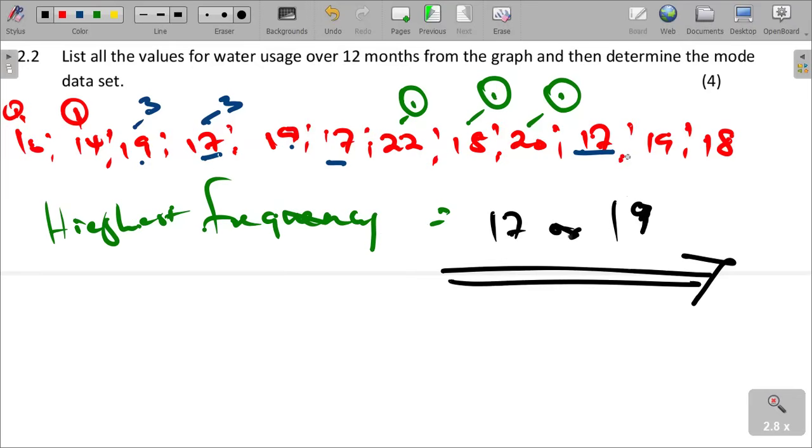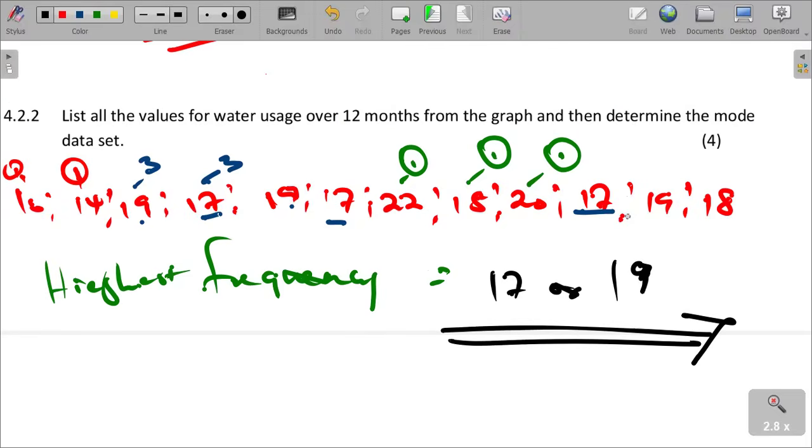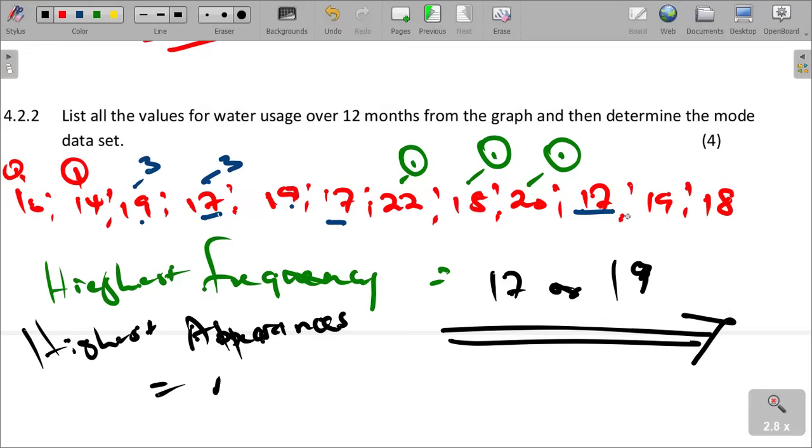We are only identifying which number has the highest number of appearances, the highest frequency. That is how we get the modal class, which will give us that number.